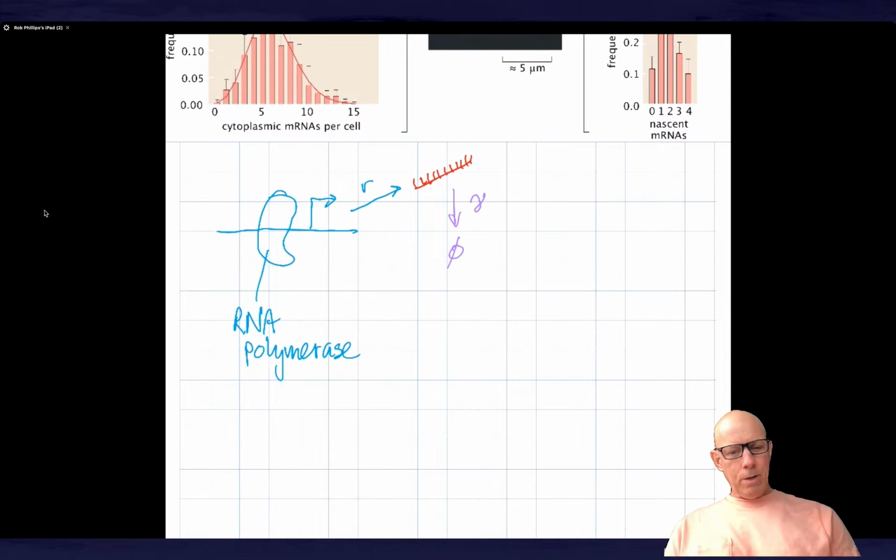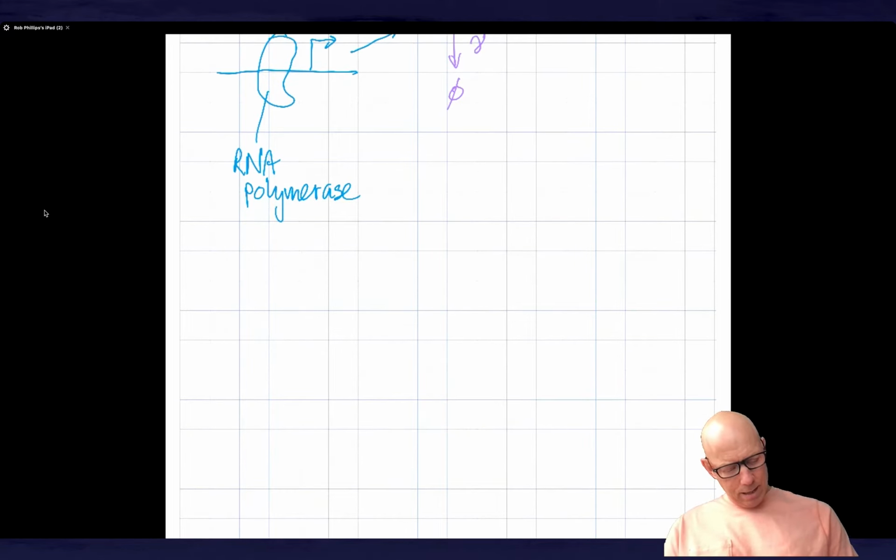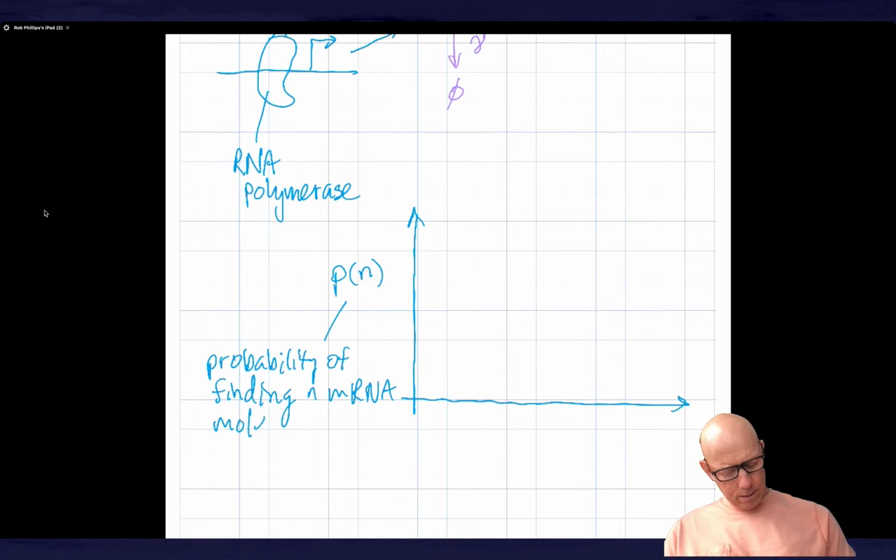And what we're interested in doing is trying to explain, if you like, the histogram that tells us the counts. So I'm going to call this P of n, and this is the probability of finding n mRNA molecules in a given cell.